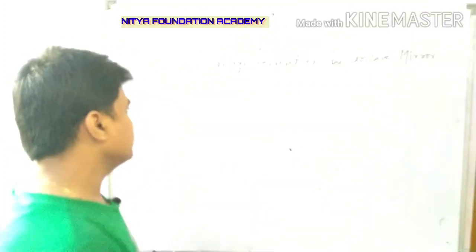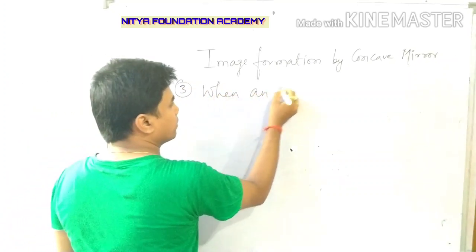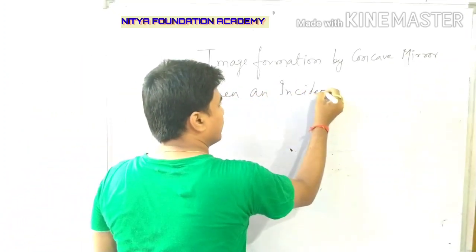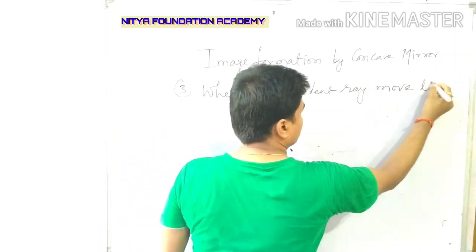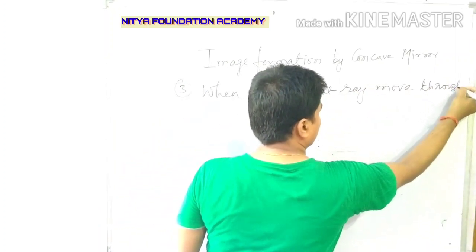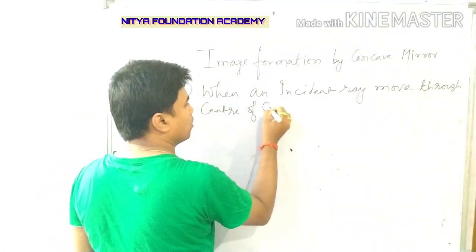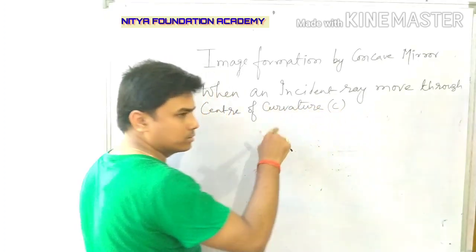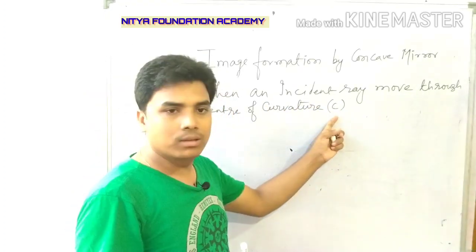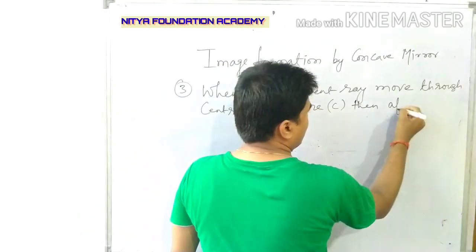So rule number 3 is saying that when an incident ray moves through the center of curvature. Okay, so you know very well that the center of curvature is shown with the letter C. Then after reflection, what happens?